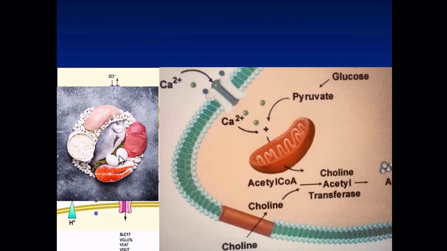Choline is present in most foods, especially those which contain protein.